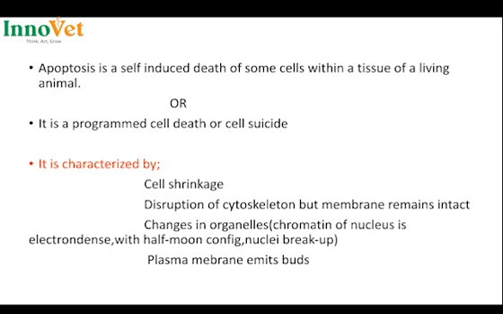We shall come to see about the membrane remaining intact when comparing apoptosis and necrosis. The disruption of the cytoskeleton is a result of its breakdown by protease enzymes called caspases, as we shall see during the mechanisms of apoptosis.